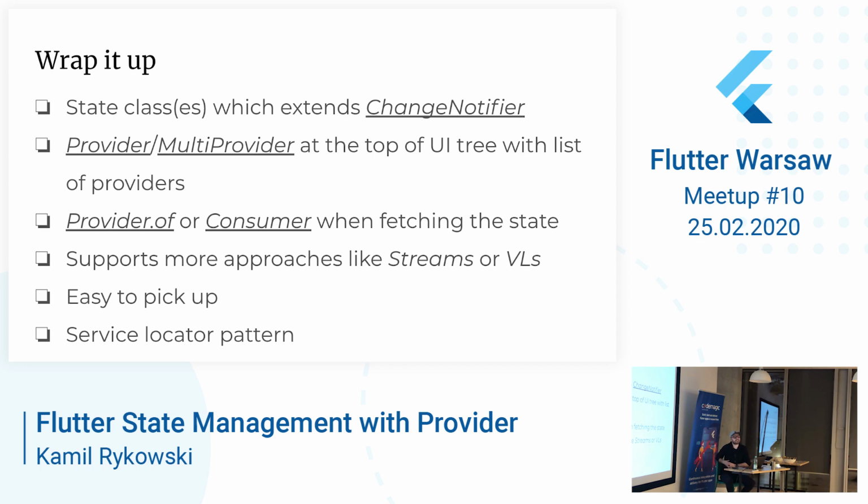Is there any API or nice stuff to support this case, for example, where you have a list of contacts or orders, and it's pretty big, and you want to hold the state and calculate the difference of the state in a pretty efficient way? So you would like to rebuild only on a subset of changes? Yes, of course. There is something like this. I don't really remember what it's called, but it works basically the same as the Consumer widget, and it gives you the option to filter on what exactly you are observing.